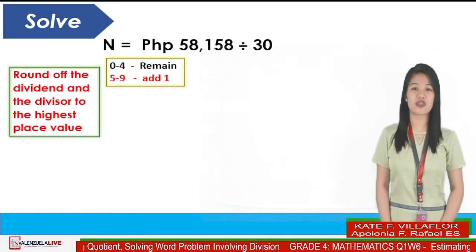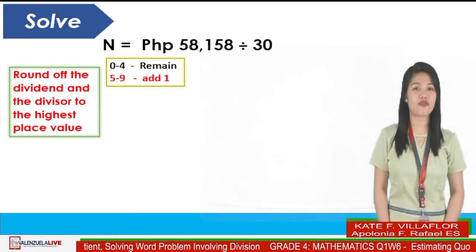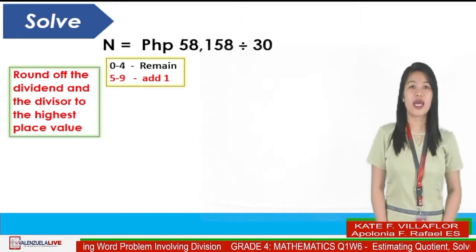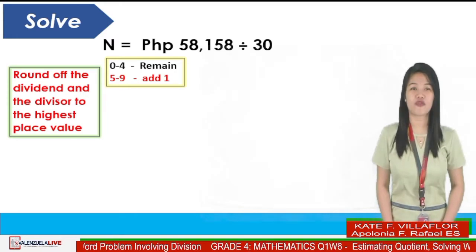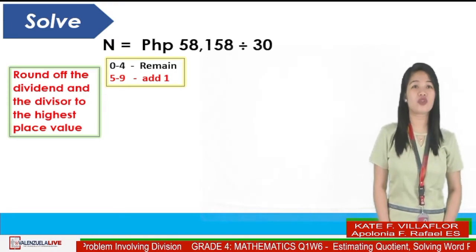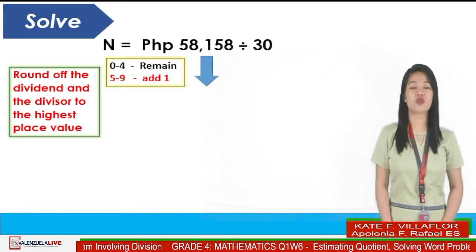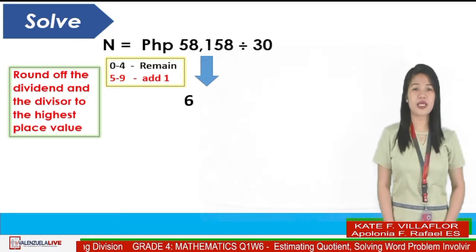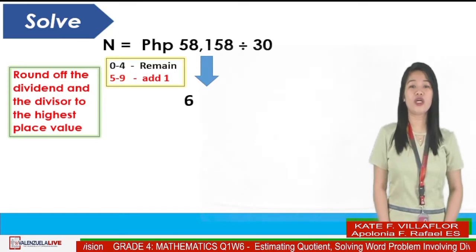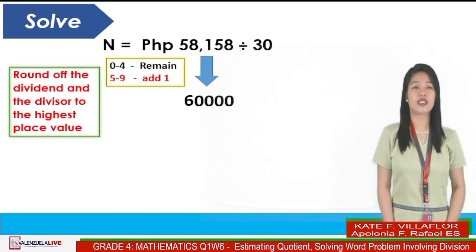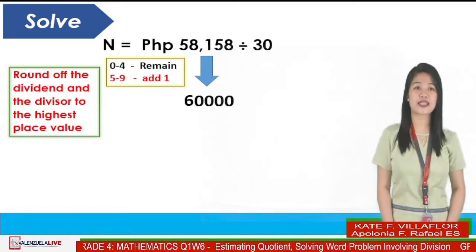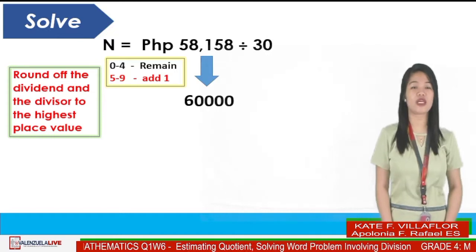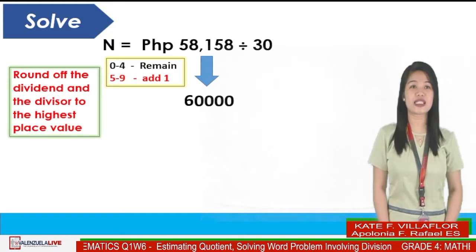If the digit to the right is 5 to 9, you need to add 1 to the digit. Since the digit to the right of 5 is 8, you need to add 1 to 5. That's why 5 plus 1 is equal to 6. And the digits to the right will be replaced with 0. That's why if we round off 58,158 pesos, it is equal to 60,000.